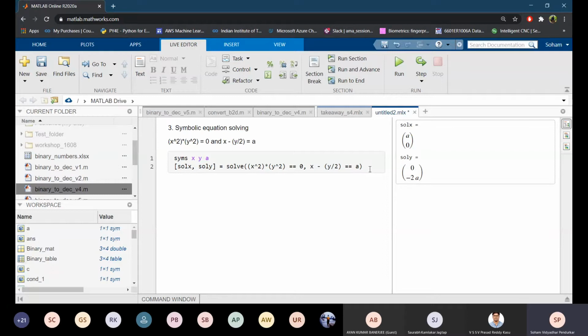Now we'll move a little bit ahead to a larger number of equations, and you'll get to know how you can solve for three variables in three equations and how to extract the solution matrix out of them.